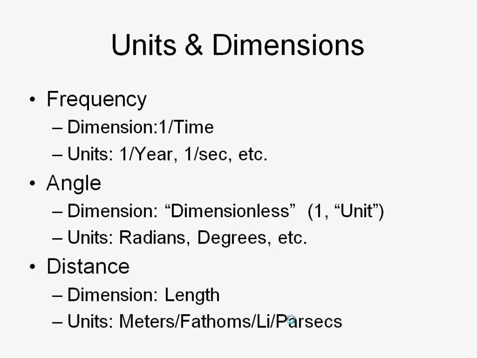Angle. This is what we call dimensionless. Now, this is actually a misnomer. You'll hear it a lot. Dimensionless. But it's a misnomer because it's not that it has dimension, it has no dimension. It's almost like saying something that's of length 0 is lengthless.